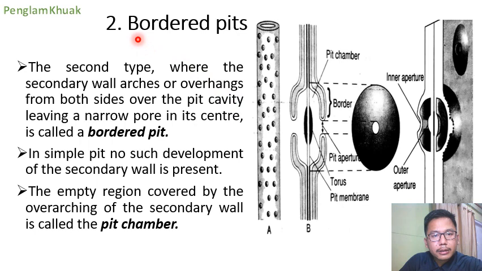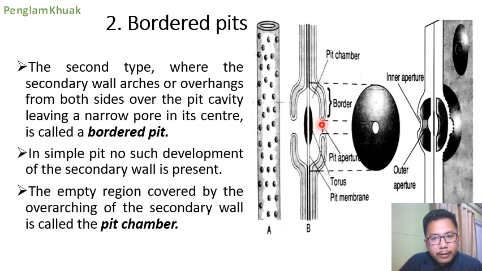The second pit type is the border pit, and this border pit is much more complicated than simple pits. If you see this diagram, here the secondary cell wall will overarch or overhang, will overproduce from both sides over the pit cavity. This is the pit cavity.